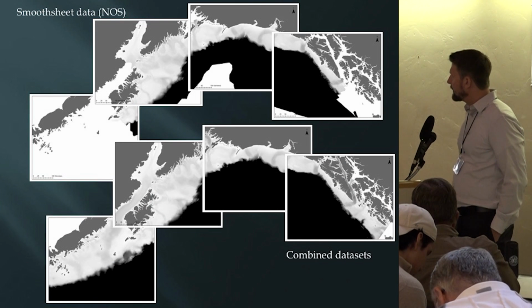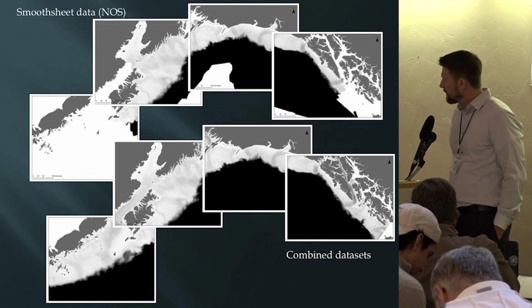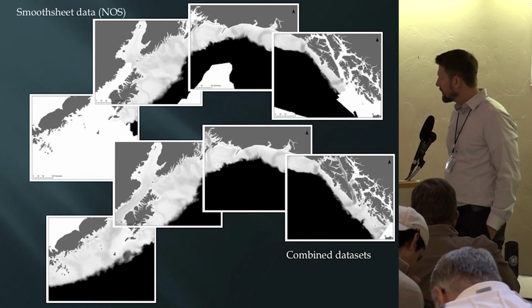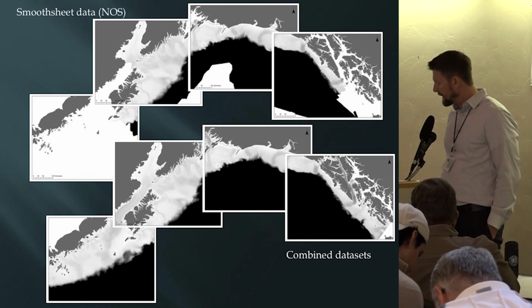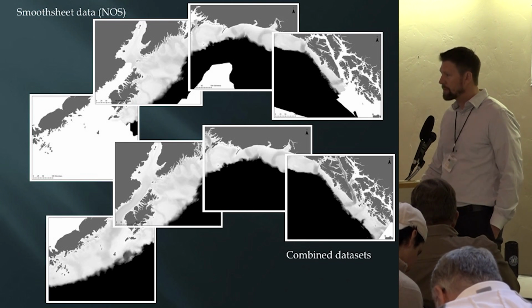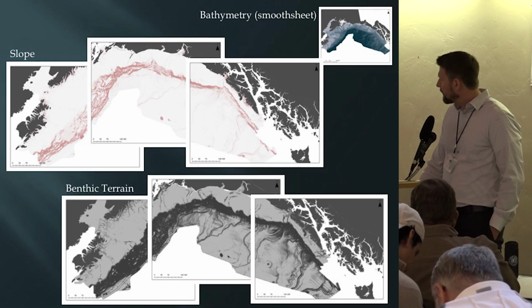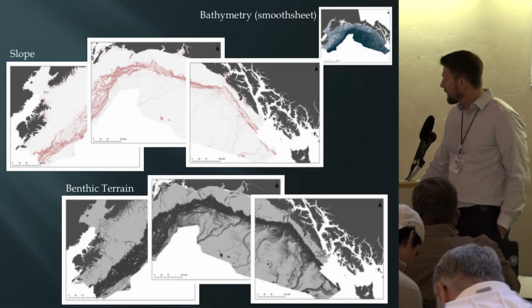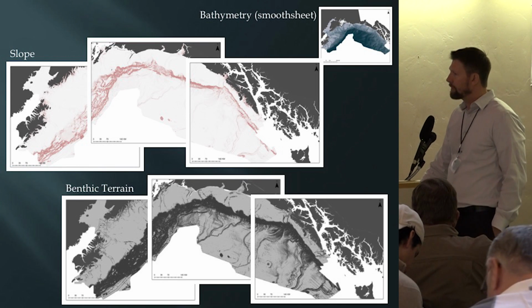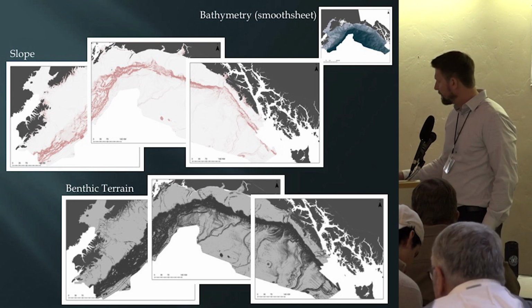So you can use the smooth sheet data alone, which is shown in the top graph, or combined data sets that include multi-beam surveys and other data in the bottom. And you can use that to produce maps of different bathymetric metrics, features.